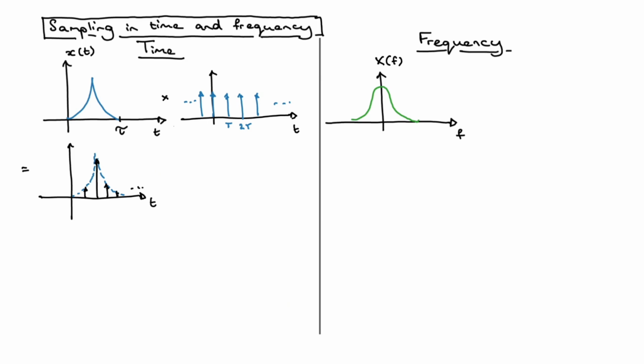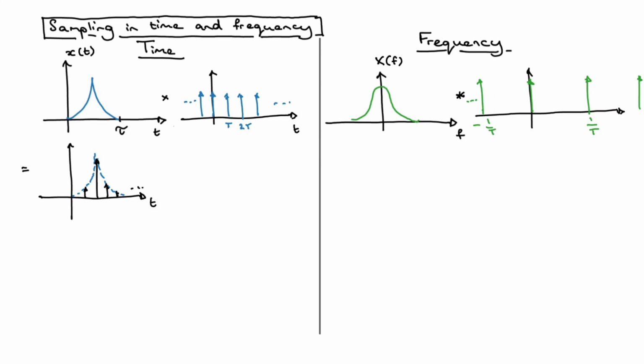What happens in the frequency domain? So now I've sampled in time. What happens in the frequency domain if I sample in time? I convolve this thing with an impulse train, and my impulses sit at 1 over T, at 2 over T, at 0, at minus 1 over T, and so on.